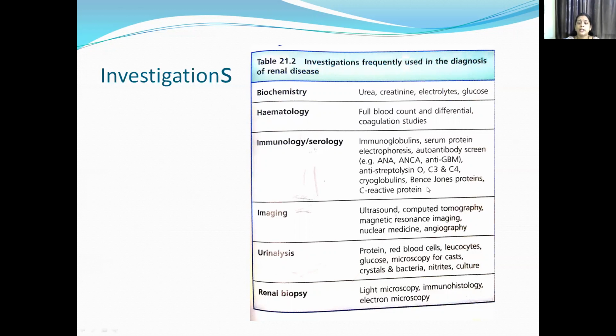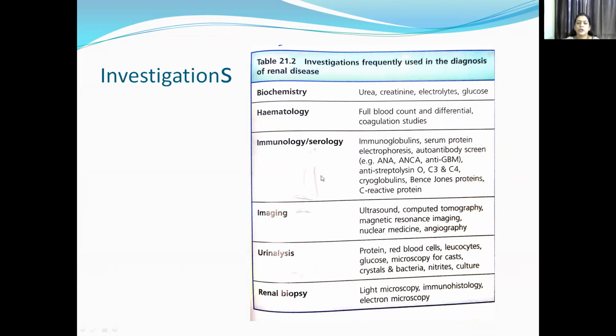Now, serum protein electrophoresis or urine electrophoresis in multiple myeloma, when you are thinking in terms of overflow proteinuria, autoantibody screening, like ANCA, anti-GBM. Anti-GBM, I told you, it's Goodpasture's, anti-streptolysin O, C3, C4, cryoglobulins, Bence Jones protein, C-reactive protein.